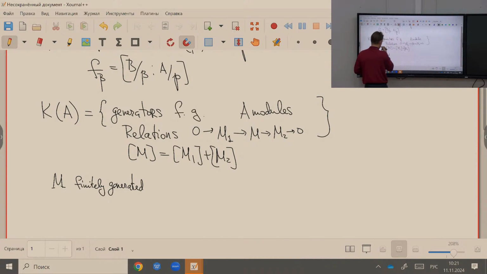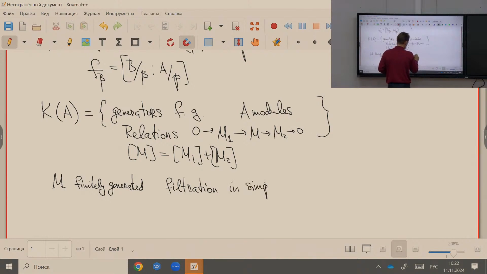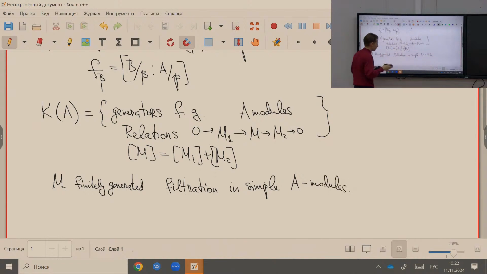And then here you have a filtration in simple A modules. Simple means it doesn't contain a proper submodule. If you have the ring R, any ideal is a submodule.